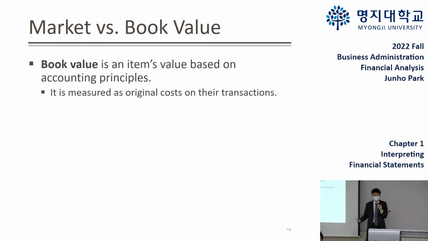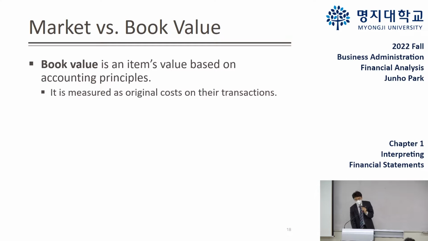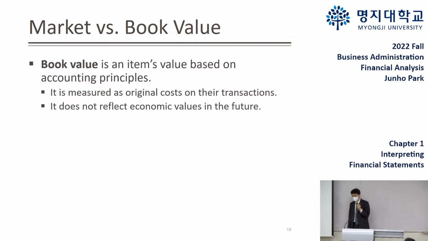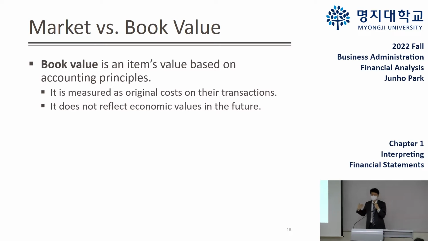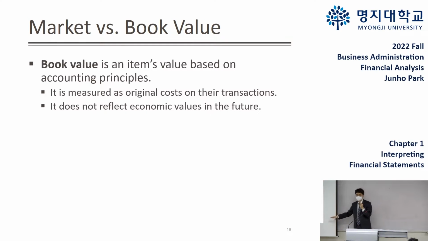It will be measured at the original cost, and you will not change it for anything until you sell it to someone else. So that's the problem. And in that case, it is really different from the reality, because I'm making a fortune by buying and selling this building or real estate, but it is not reflected on your balance sheet.